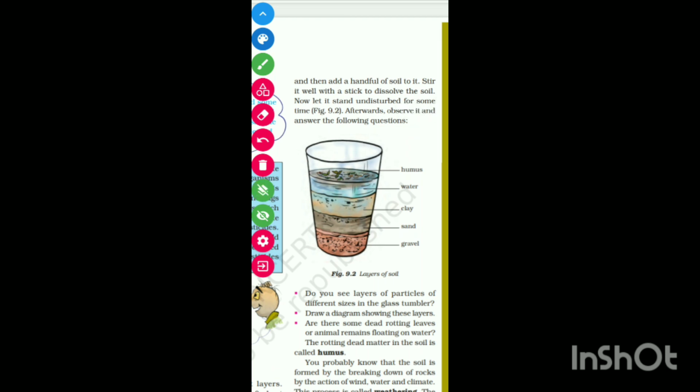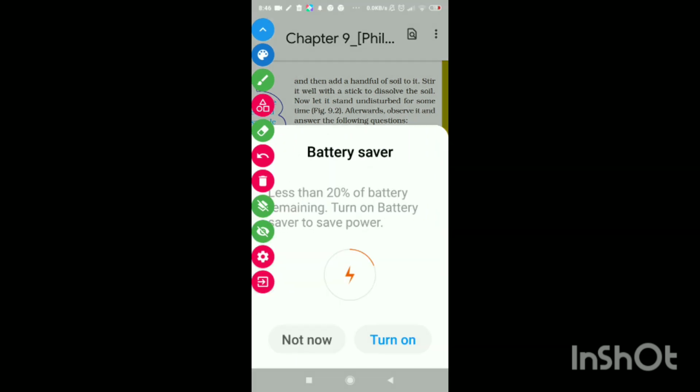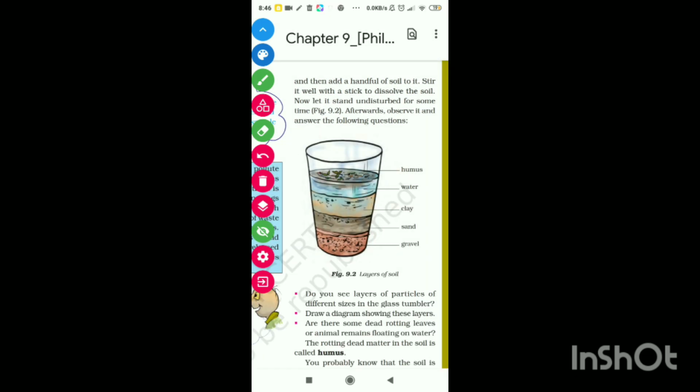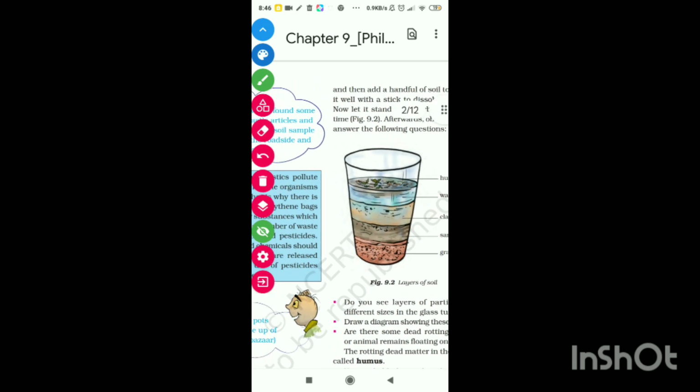So the uppermost layer is called humus. Humus is the rotting dead matter in the soil, and it is very essential for soil because it makes the soil fertile. Under it there is water in the soil.